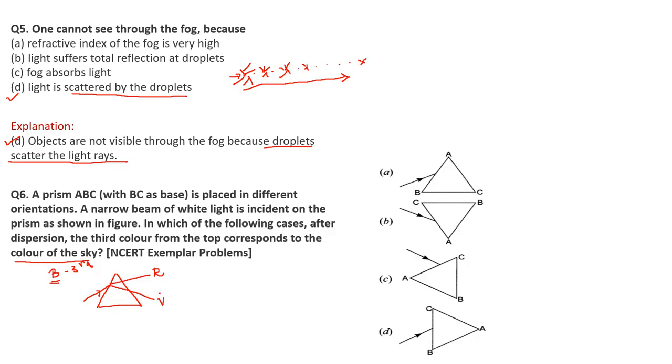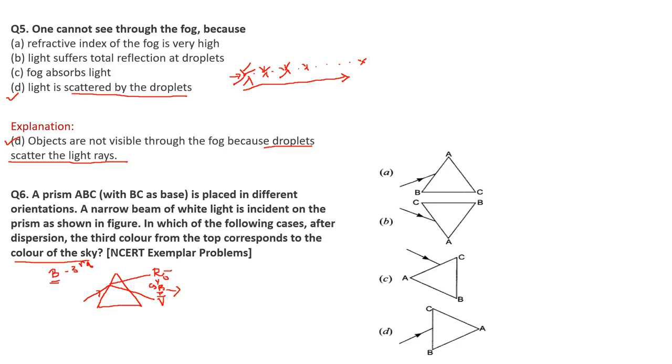So violet, indigo, blue, green, yellow, orange and red, right? If you see, the position of blue is the third last position. Here this is not the correct one, right?